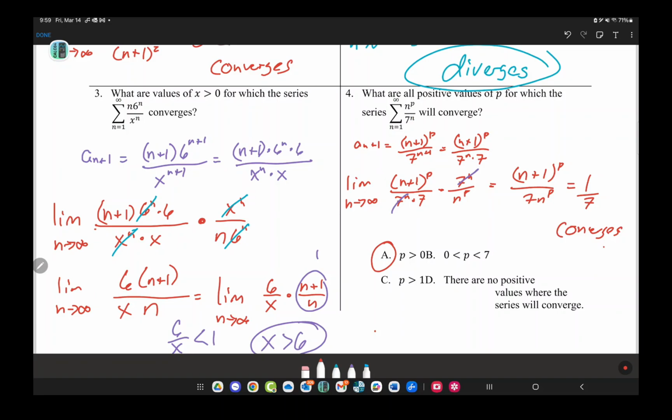No matter what, that's going to go to 1/7, because when you plug in a value, you get the same exponent on the top and bottom. If your numerator and denominator have the same degree, then it converges to the ratio of leading coefficients, which in this case is 1 and 7. So as long as p isn't negative, you're good.